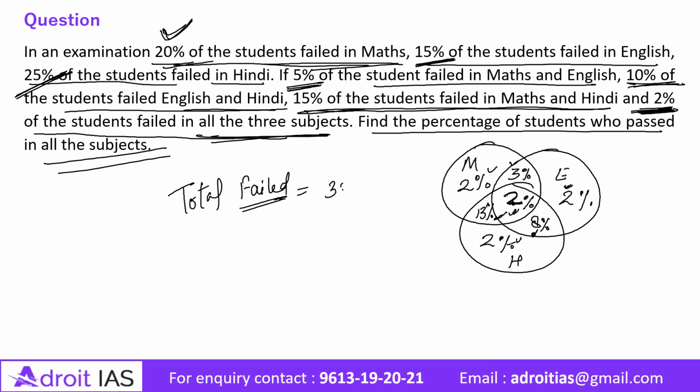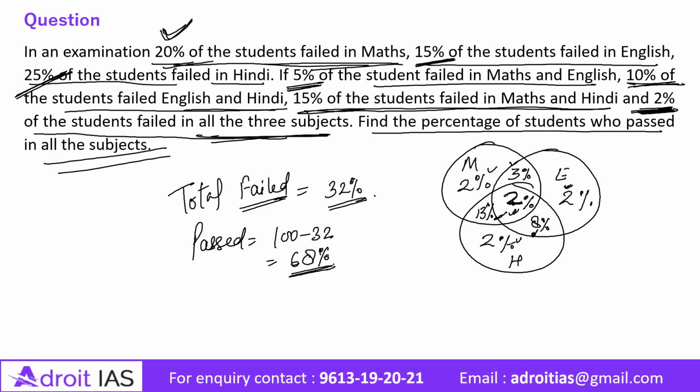So total failed is equal to 32%, right? So now passed, 100 minus 32, so this is 68%. So passed candidates is equal to 68%.